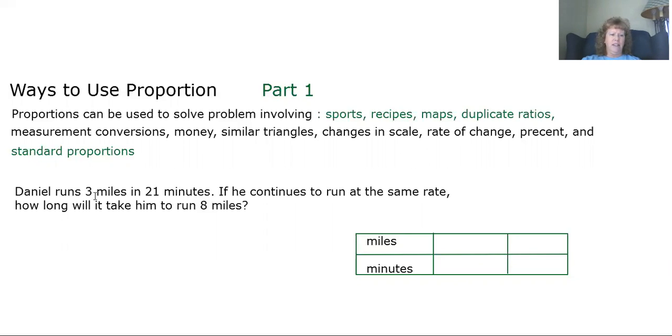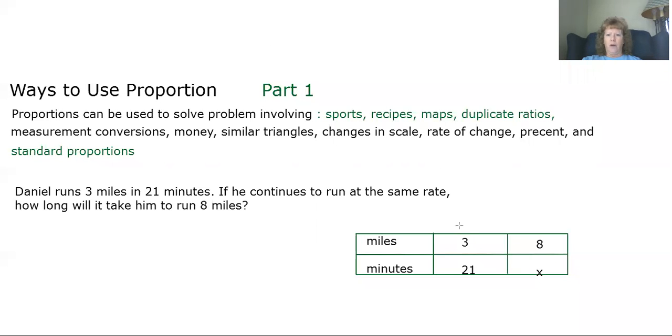They tell us in the first part of the sentence that there are 3 miles to 21 minutes. In the next part, it says if he continues to run, how long will it take to run 8 miles? So 8 miles will be X amount of minutes.